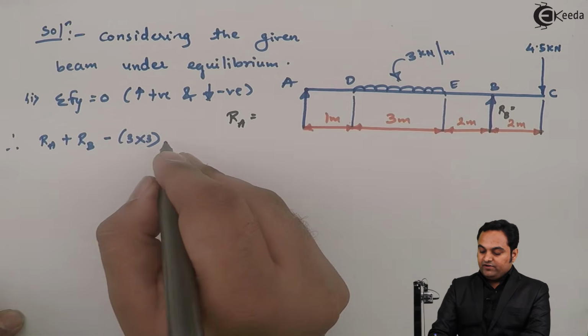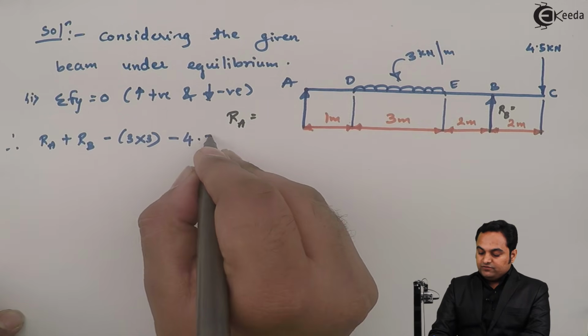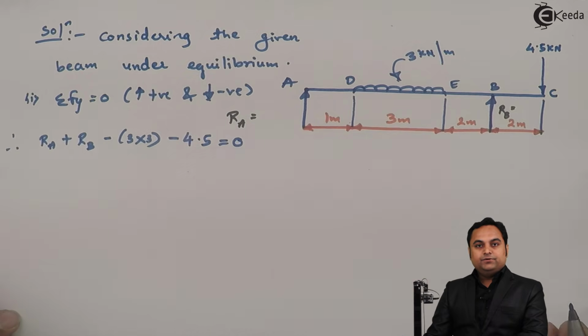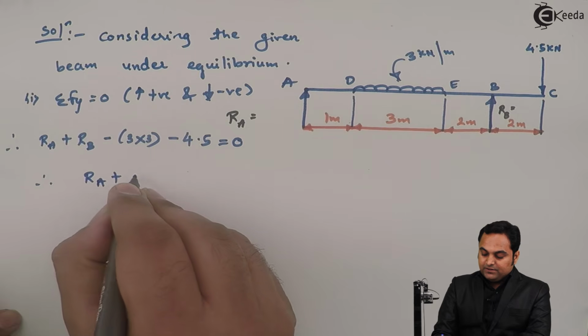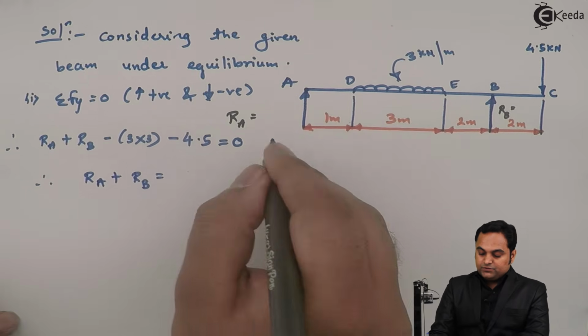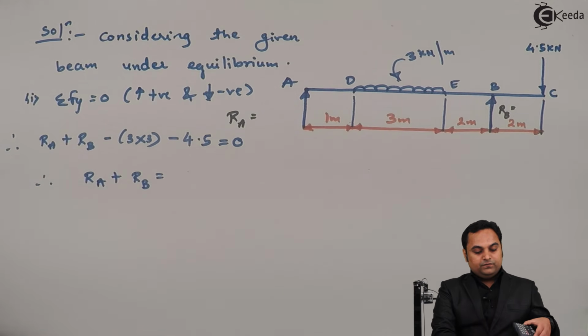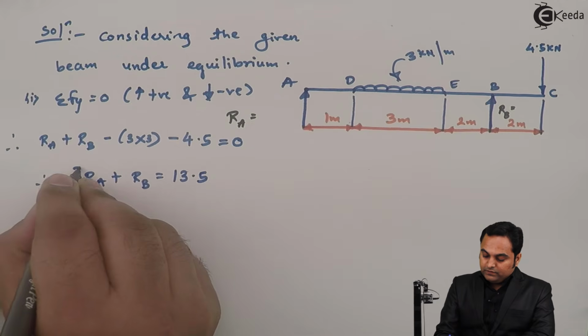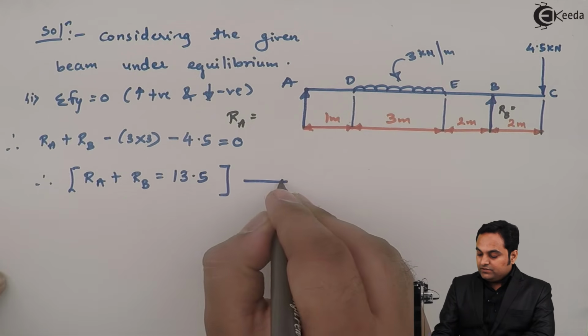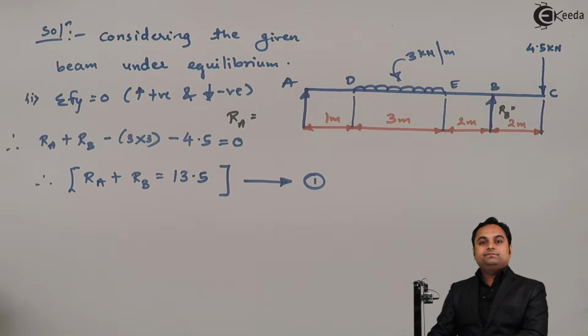Then we have 4.5 acting downward, so minus 4.5 is equal to 0. So therefore RA plus RB comes out to be 13.5, and I'll keep this as equation number 1.